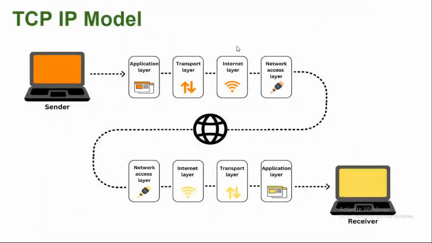Similarly, when it goes to a server, it's again the same thing. It has to reach the network access layer of your application server. It will go over the internet layer, through the TCP, and then into the actual Tomcat or JBoss server. That's what we call the TCP/IP model.